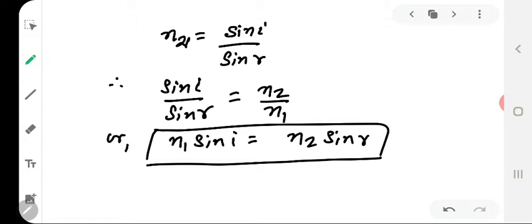So now let us understand a couple of cases with the help of the concept of Snell's law and refractive index.